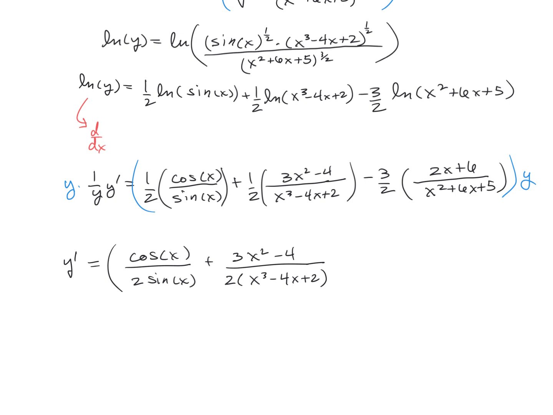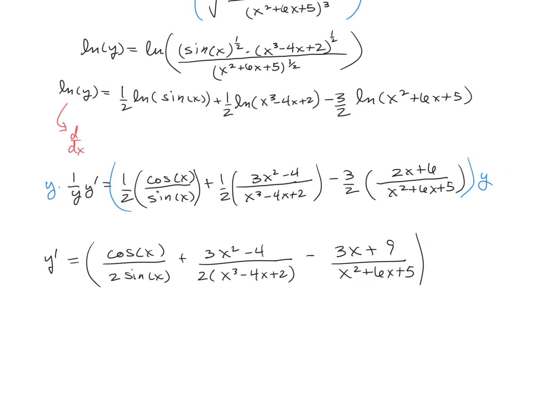And then we could do a little simplifying back here. We can actually divide that 2 into those terms. So I'll have minus 3x, and that's going to be minus or plus 9 as a fraction over x squared plus 6x plus 5.